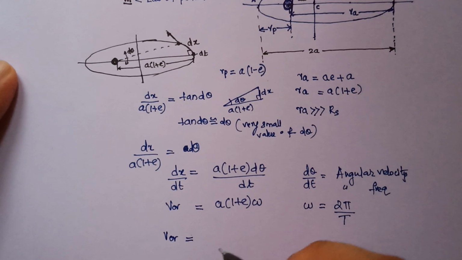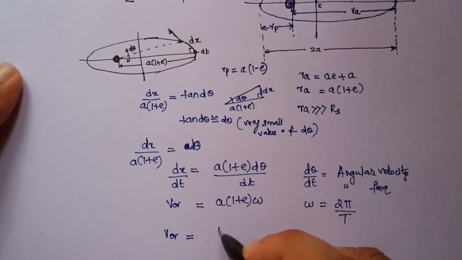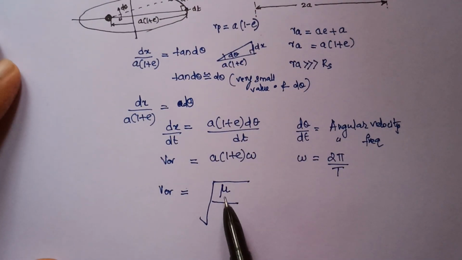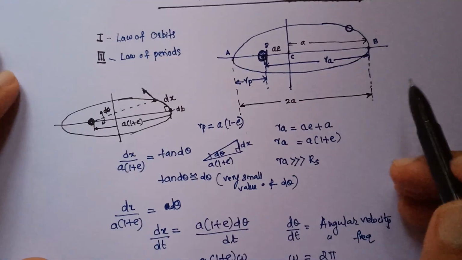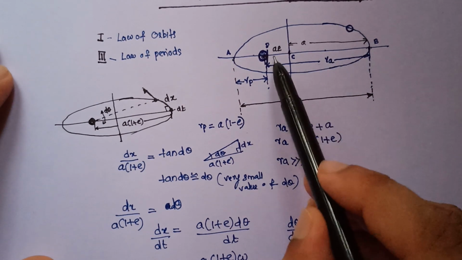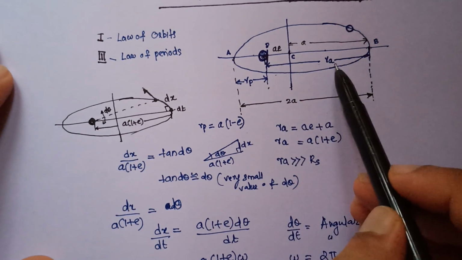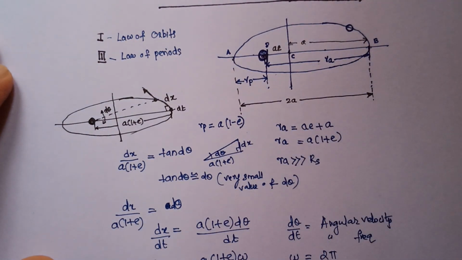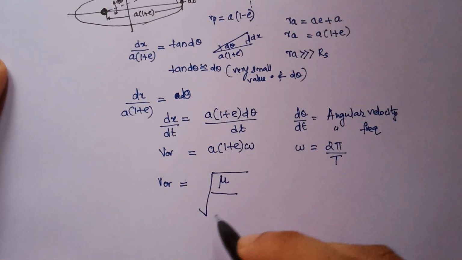Now in our previous classes, we already have an expression for v orbital. Conceptually, we have root of mu divided by, in the denominator, you always take the distance of separation between the two bodies. Here the distance of separation is Ra, from this planet to this planet, which is the final position. So Ra is equal to a into 1 plus e, and I substitute the same here.